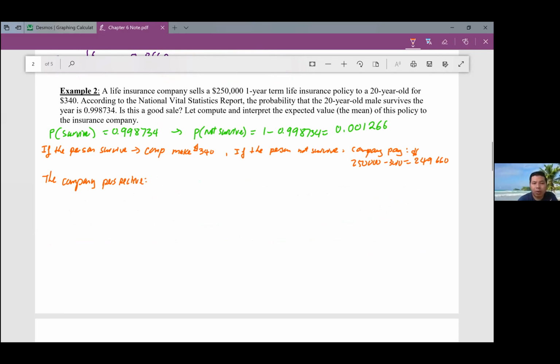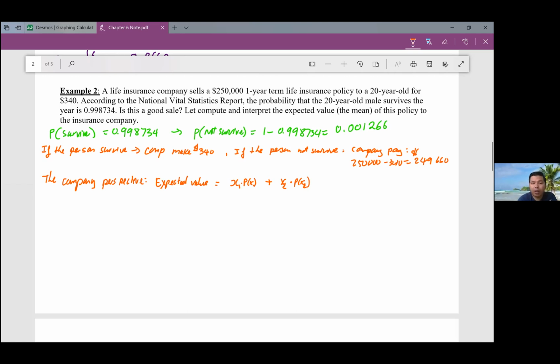All right, so they want to find out the expected value, right? So when they find out the expected values, remember, we have x times p of x, plus x1 times p of x1, all right? So that's that, x2 times p of x2.